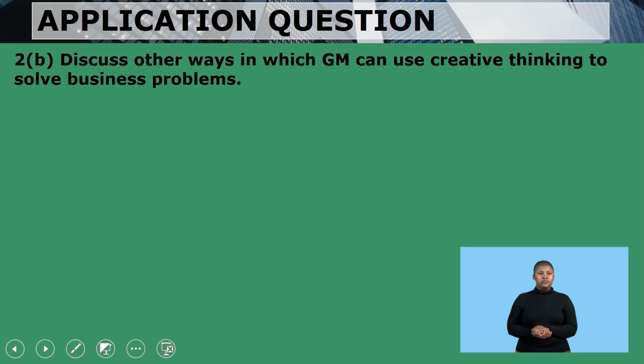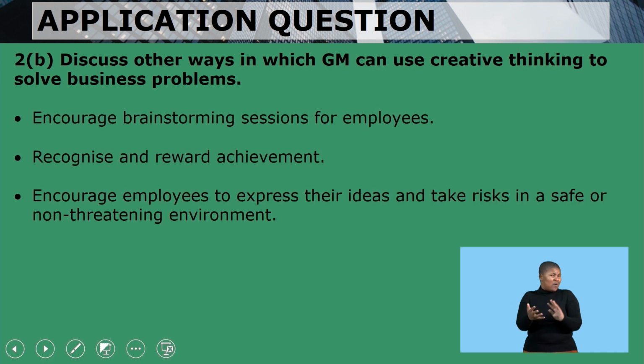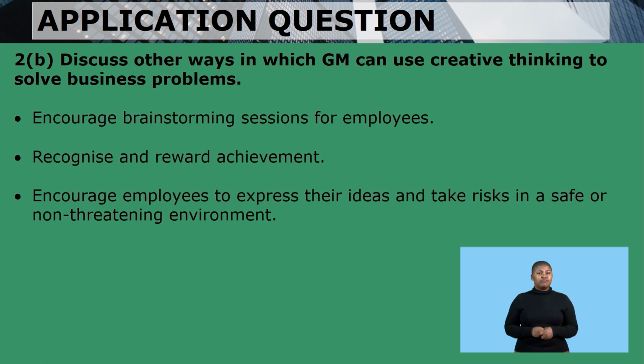Moving right along to the next question. Discuss other ways in which GM can use creative thinking to solve business problems. Right. Encourage brainstorming sessions for employees. Recognize and reward achievement. Encourage employees to express their ideas and take risks in a safe or non-threatening environment.